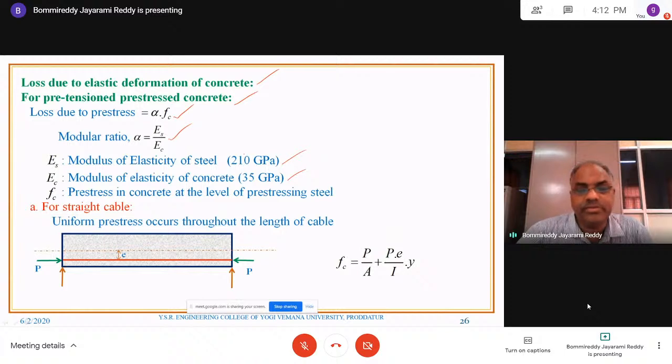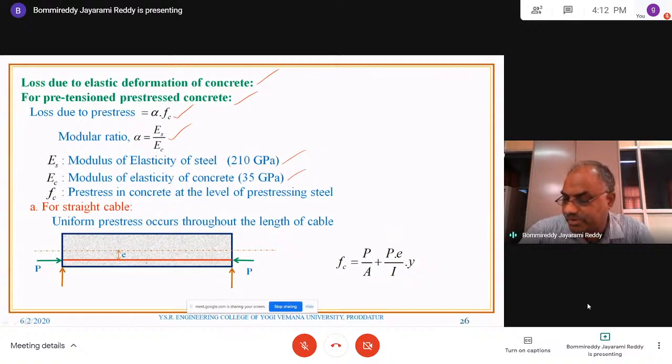and normally these are the values that will be given in the exam. And Fc means pre-stress in concrete at the level of pre-stressing steel.